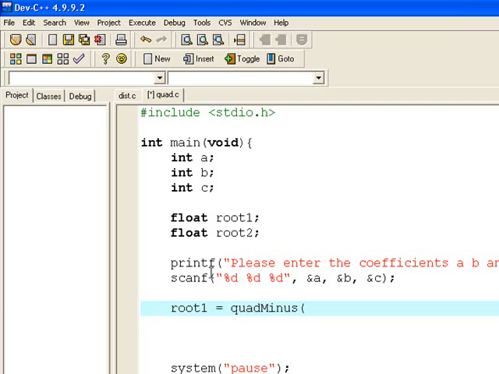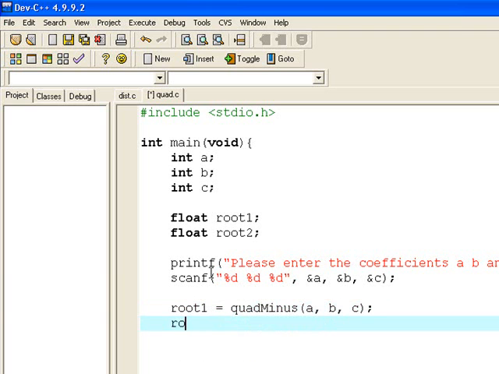So we'll call that quad minus, and we'll send it a, b, and c. And we'll do root 2, and that's going to be quad plus. Can't use the plus sign or the minus sign. You actually have to use words in this case, because it's not appropriate to use arithmetic operators in names of functions. So that's the two of them, and then we print out the roots.